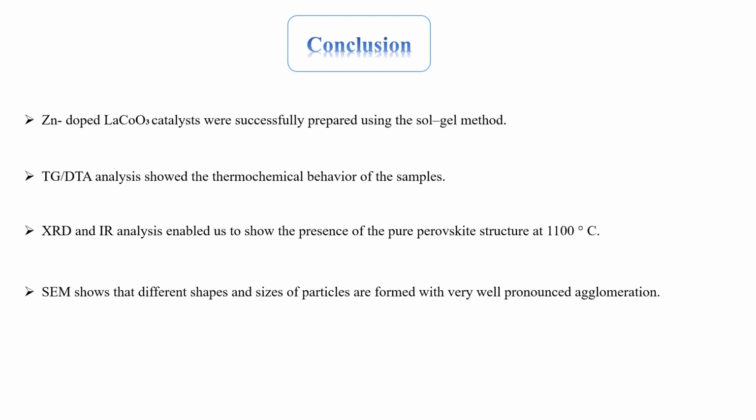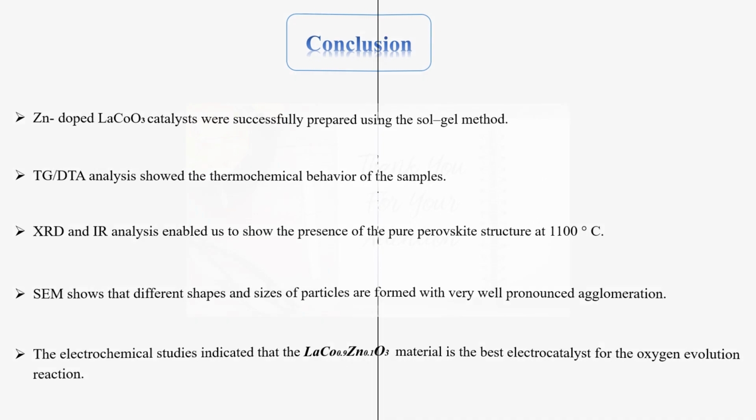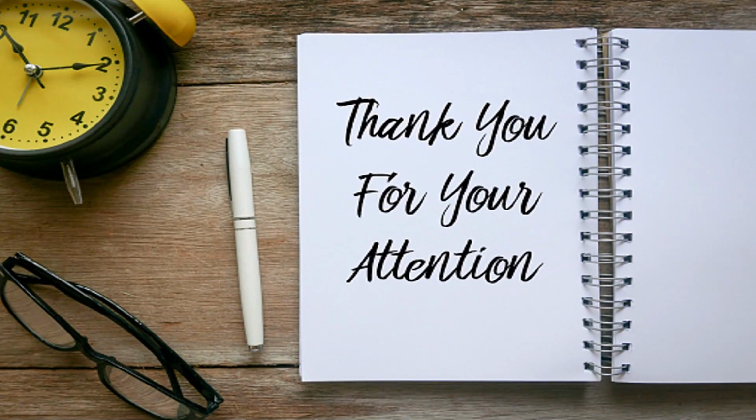Scanning electron microscopy shows that different shapes and sizes of particles are formed with very well pronounced agglomeration. The electrochemical studies indicate that zinc-doped lanthanum cobaltate with x equals 0.1 is the best electrocatalyst for the oxygen evolution reaction. Thank you for your attention.